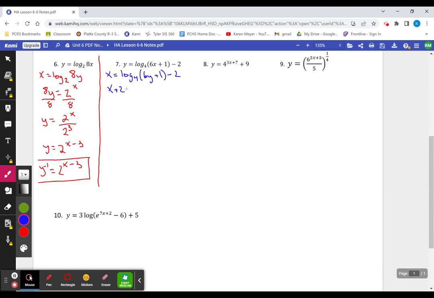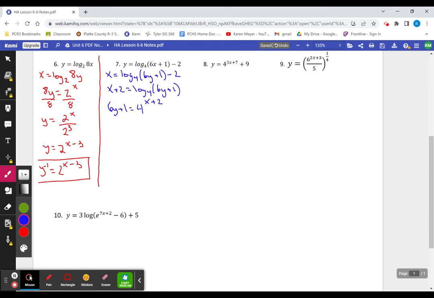So x plus 2 equals log base 4 of 6y plus 1. Now I can rewrite this one into exponential form. So 6y plus 1 equals base, which is 4, raised to the x plus 2.